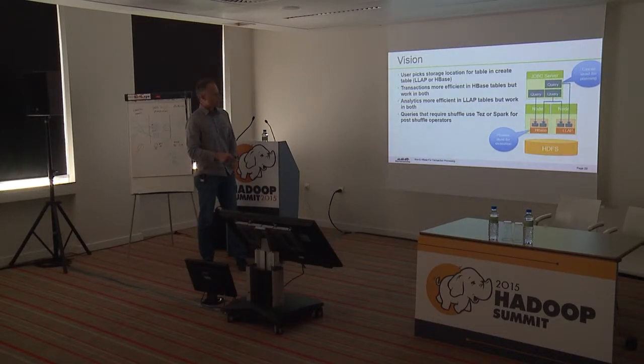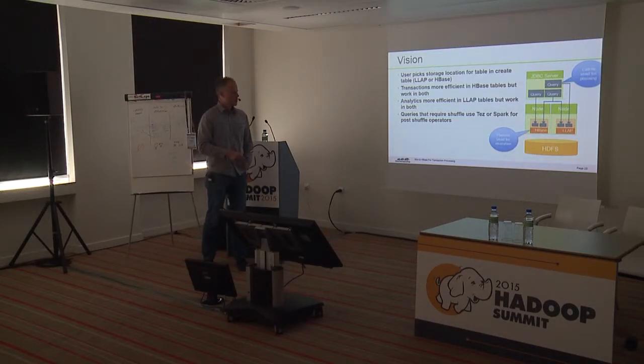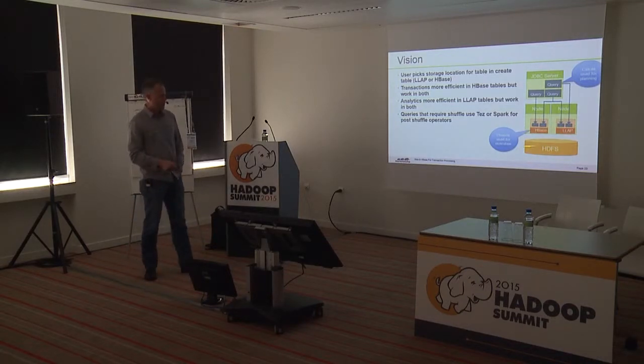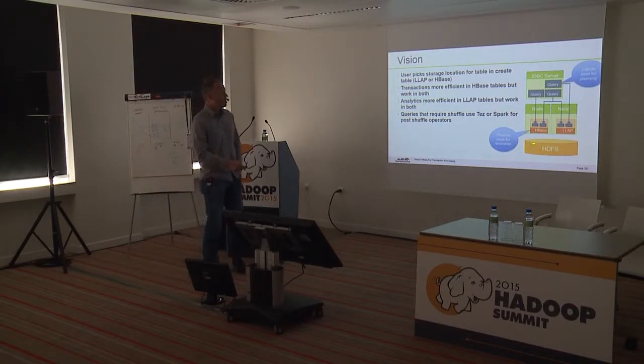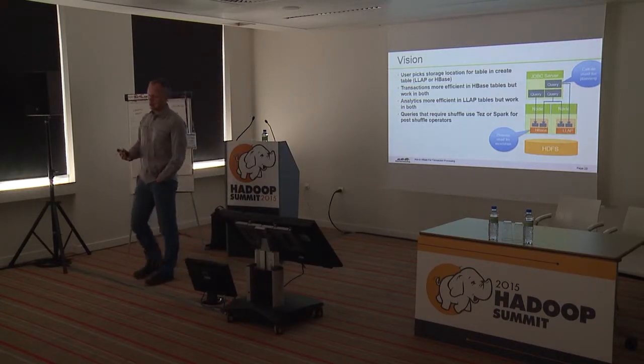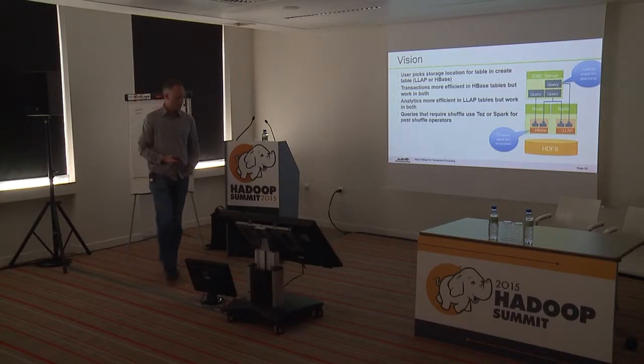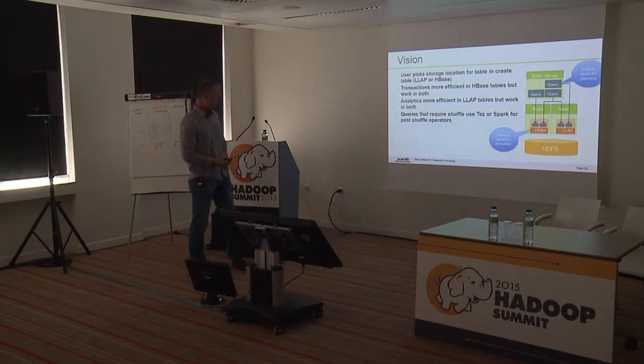Queries then get split up. When they come into the system, it understands where they're stored, and it executes them where they are. So if they're in HDFS, it'll execute it against LLAP. If it's in Hbase, they'll execute it there. It'll use Tez and or whatever to handle post-shuffle operations regardless of the storage system.